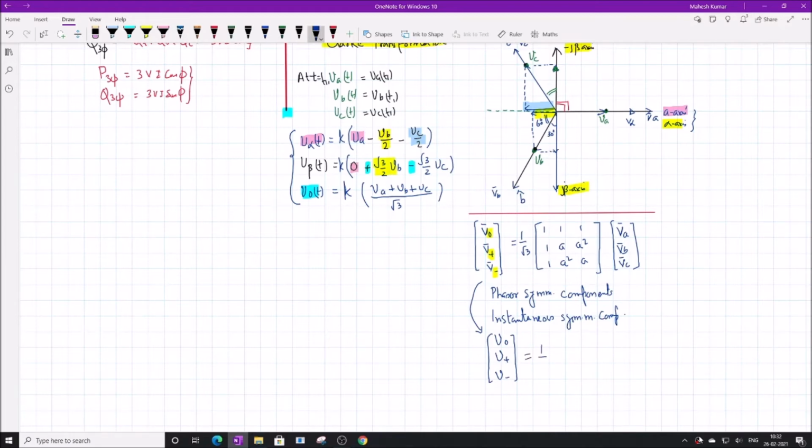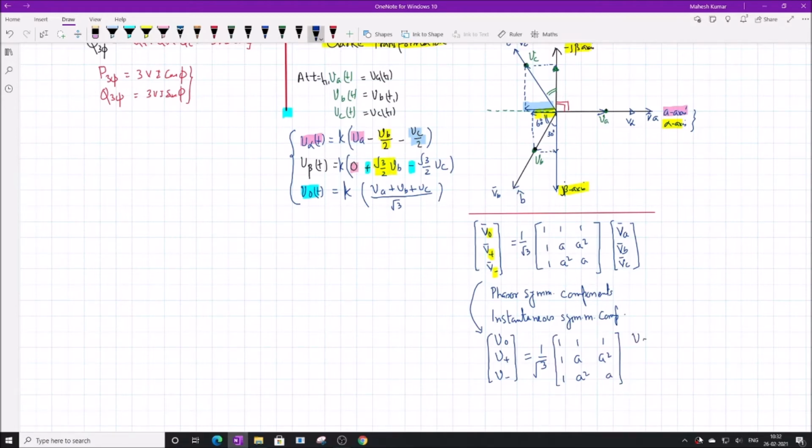So 1 by root 3 times the matrix of 1 1 1, 1 a square a, is called the symmetrical transformation.